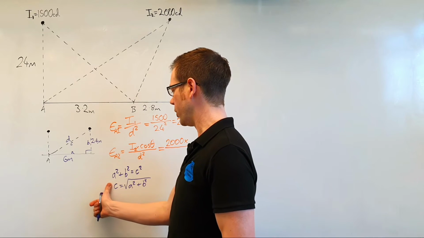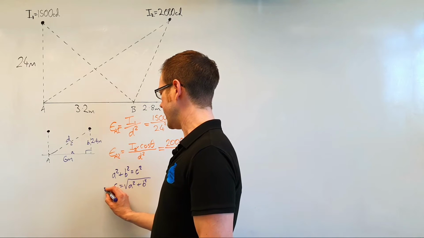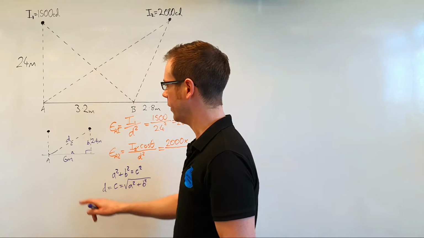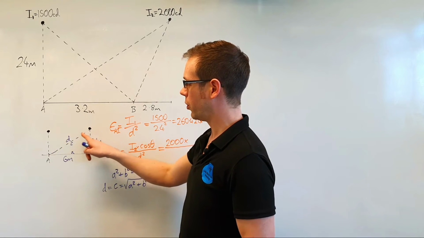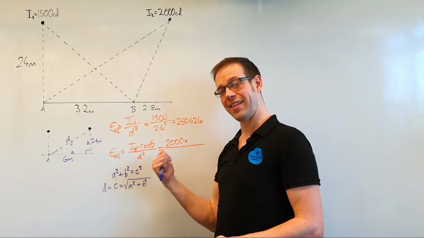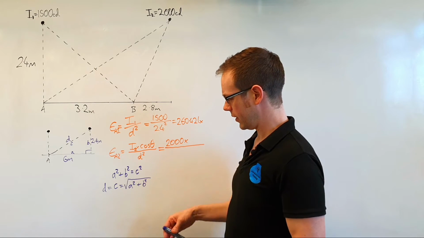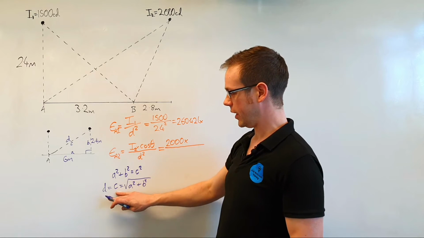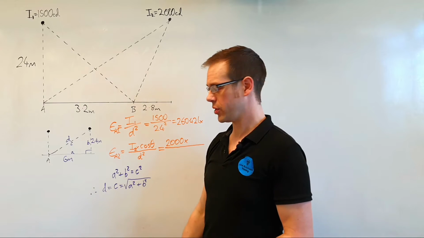And we could actually at this point, just in case we're getting a little bit confused here, we're trying to find the distance from the light fitting to the point that we're illuminating. That's the distance D, which we could also describe as being the distance C. So to find our distance that we're going to put into the calculation, we're going to use Pythagoras' theorem that looks like this. So whatever value we get for C, that will give us the value for D. So let's put some numbers in.